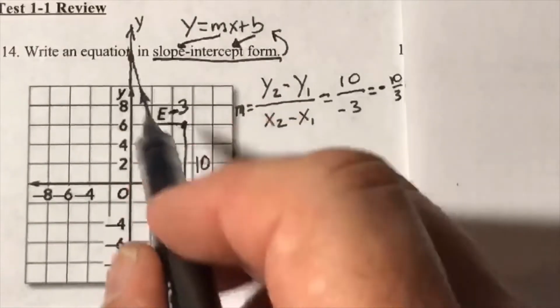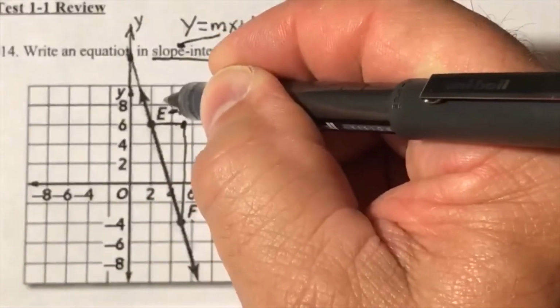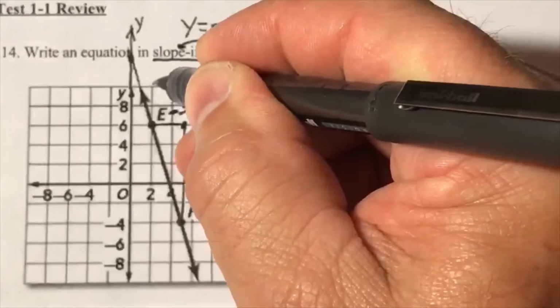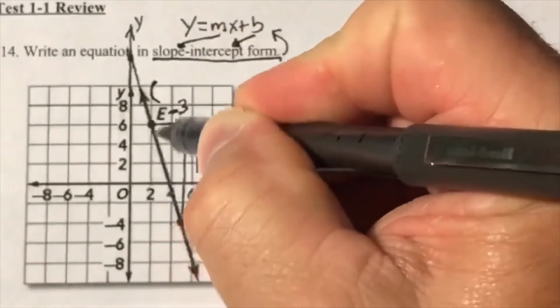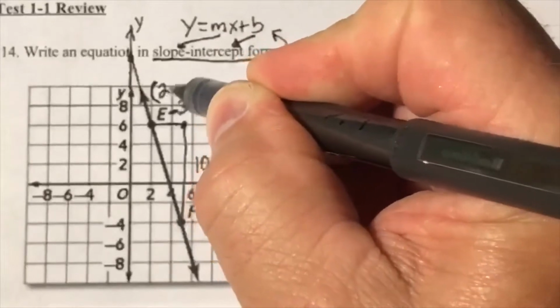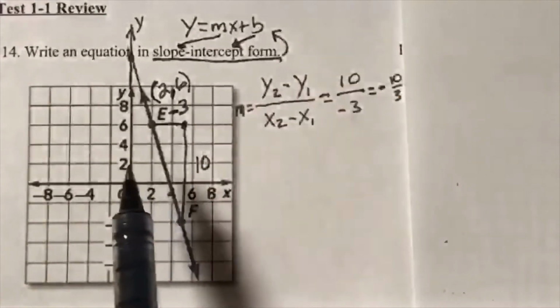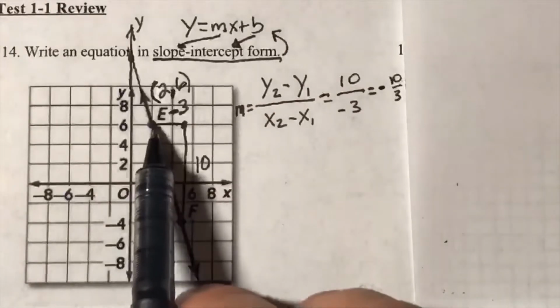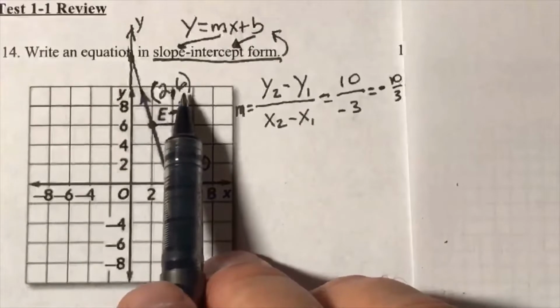The coordinates of E would be, in parentheses, over 2, up 6, comma 6. So I went back to my origin, went over 2, and then up 6. There's my x and y.